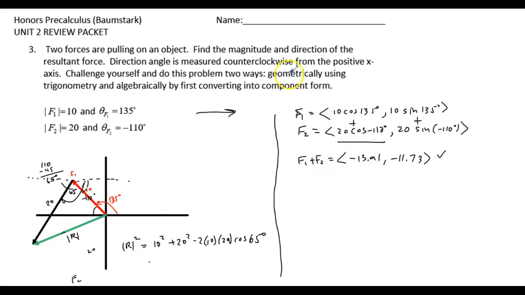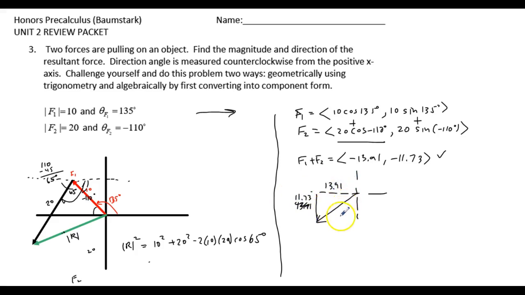And so from here, this problem's asking to find the magnitude and direction. So we'd have to go through the process of converting back to this form. We put it in the component form to add them, but now we'd have to convert this back. So we could draw a little sketch here. We know that this side here is 11.73 and this side here is 13.91.